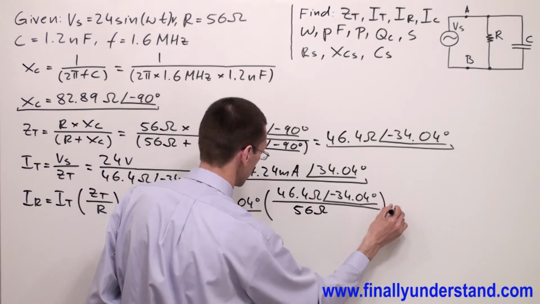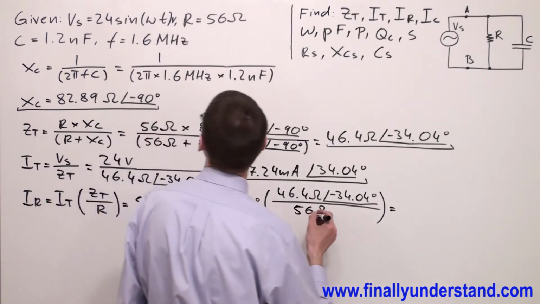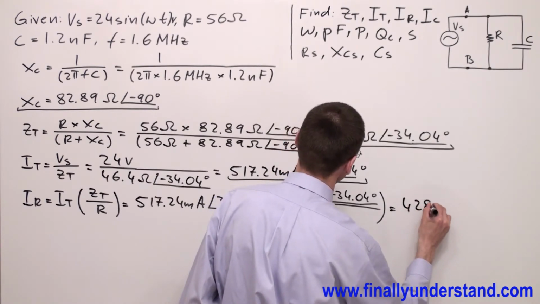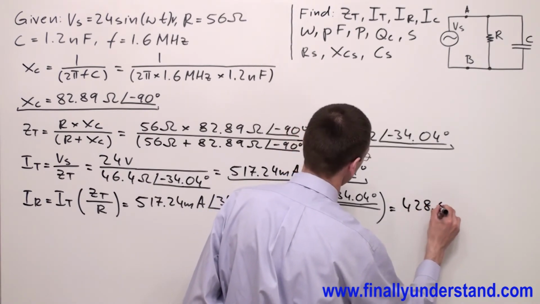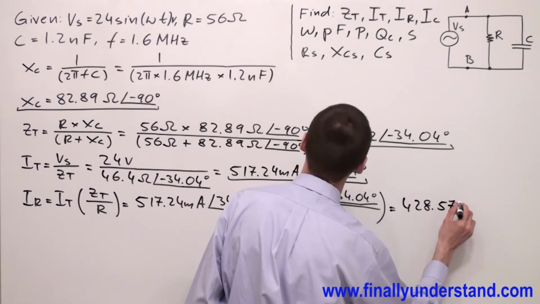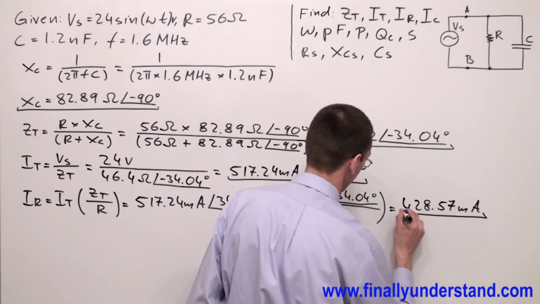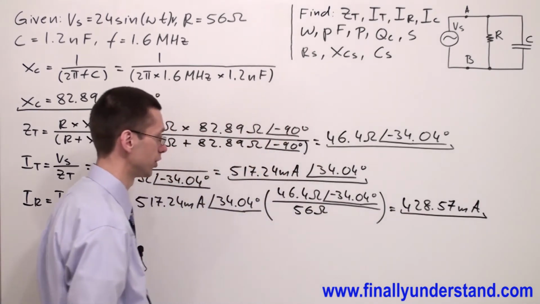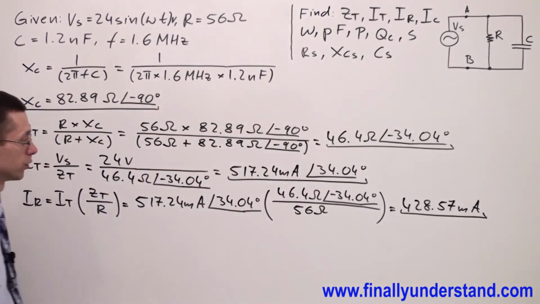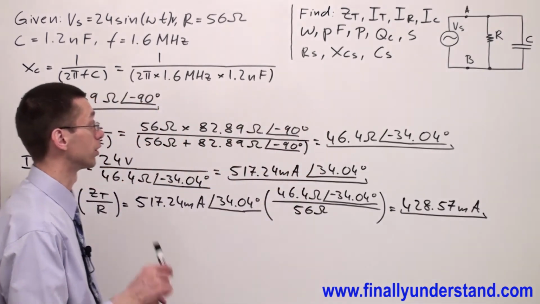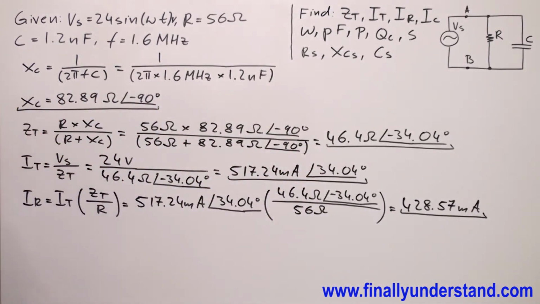Close parenthesis. Everything is equal to 428.57 milliamps. An angle of 0. That's why I'm not writing any angle over here, okay? So this is the current which will go through the resistor.